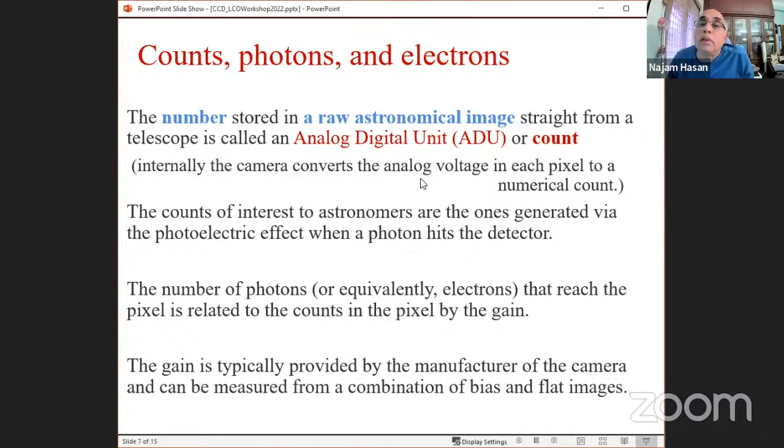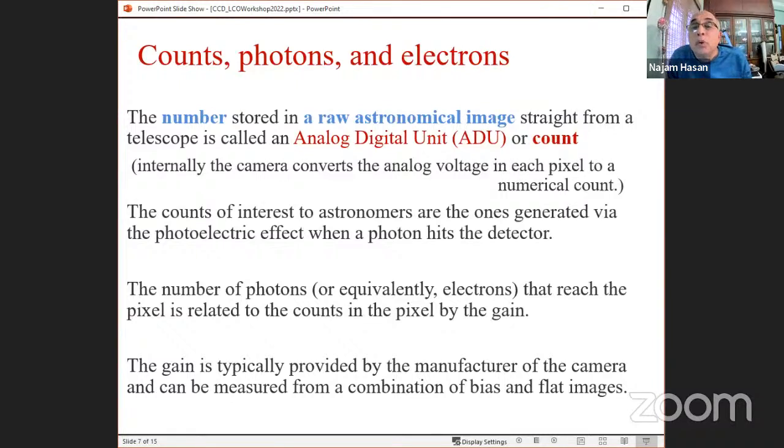Internally, the camera converts the analog voltage in each pixel to a numerical value, which is the count. The counts of interest to astronomers are the ones generated by the photoelectric effect when a photon hits the detector.